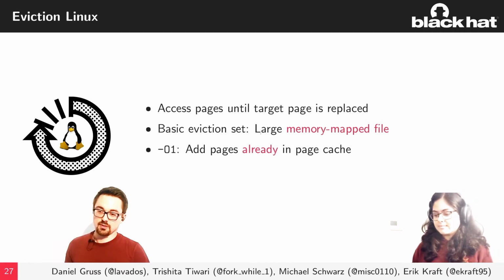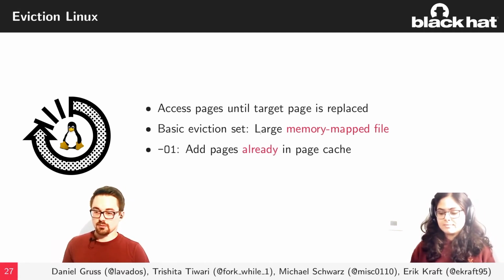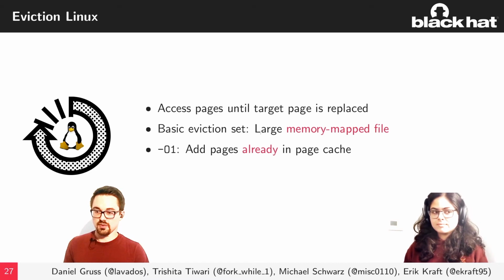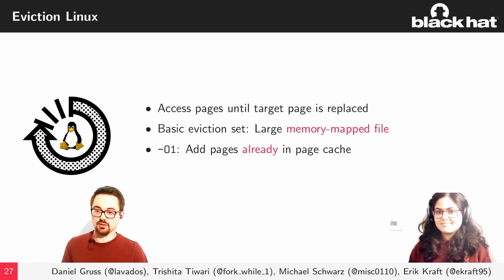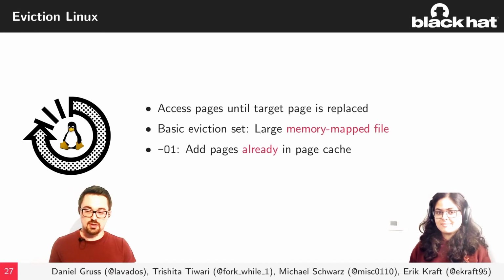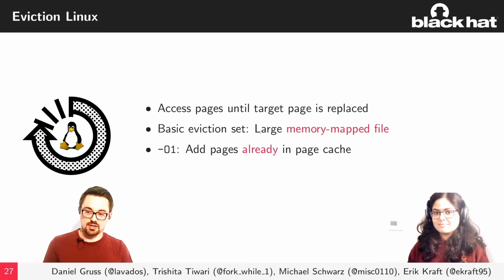The first optimization is to add pages to this eviction set which are already in the page cache. So we keep the approximation of the current working set active, and that means it is less probable that pages other than the target page are evicted. That helps with low eviction times, and the system is more stable because pages that are used are not that likely to be kicked out.